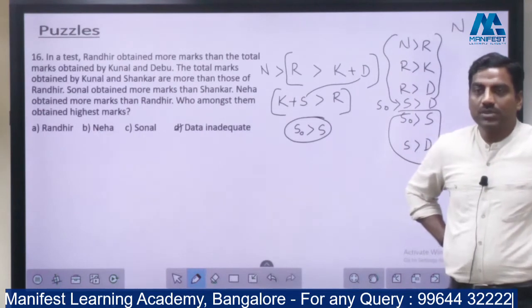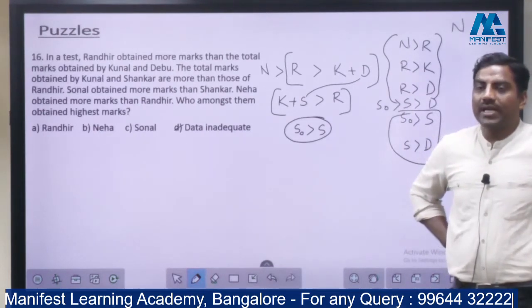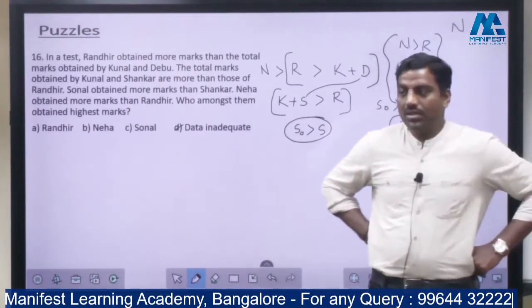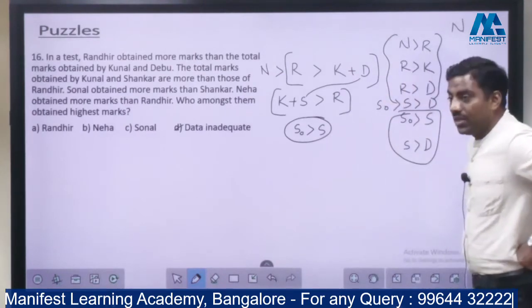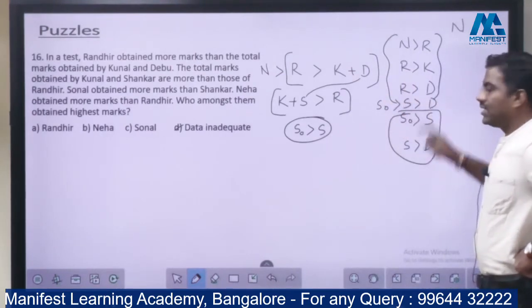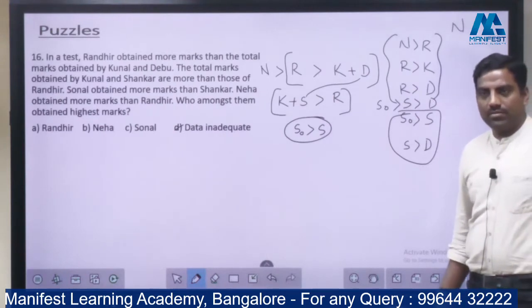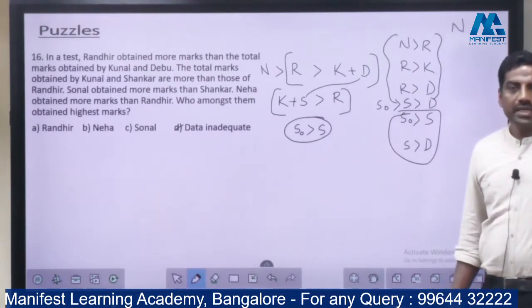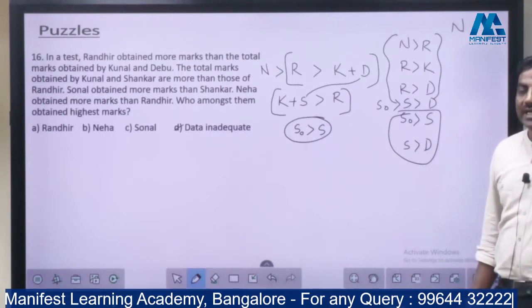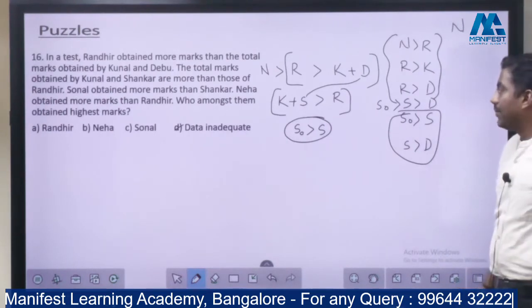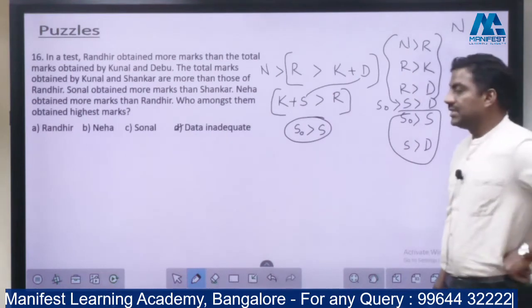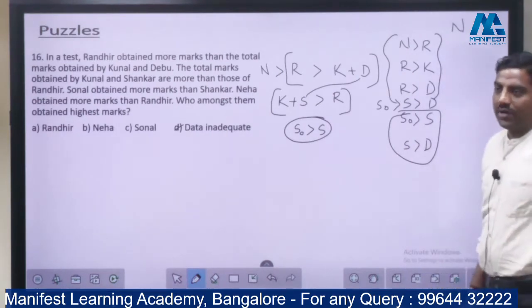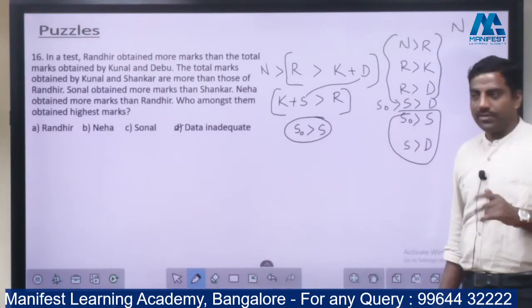Among NRKD, N is the winner. Among Sonal, Shankar and Debu, Sonal is the winner. But we don't have the comparison between Sonal and Neha. Yes or no? So in that case, data is inadequate. Done? Are you okay with this or not?